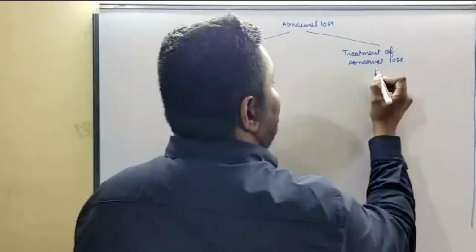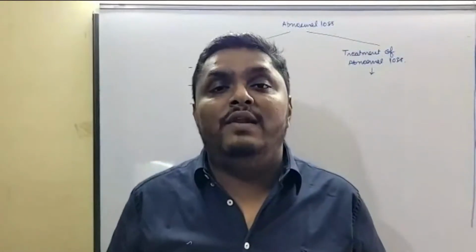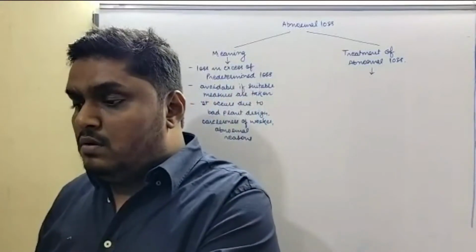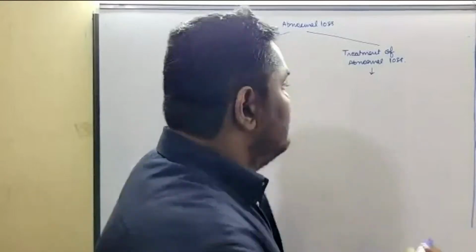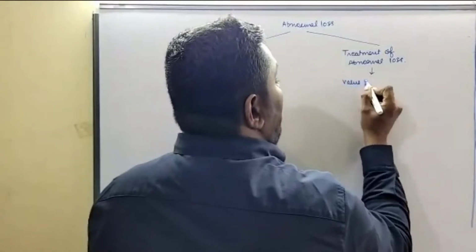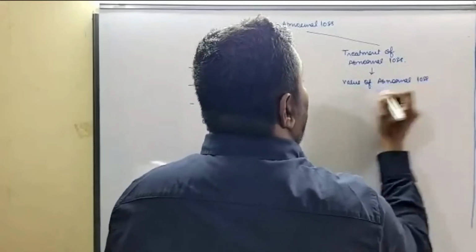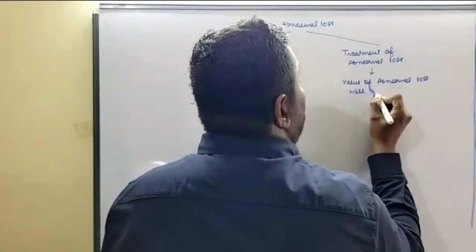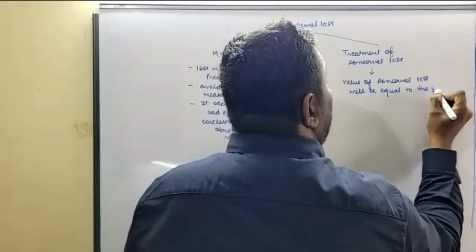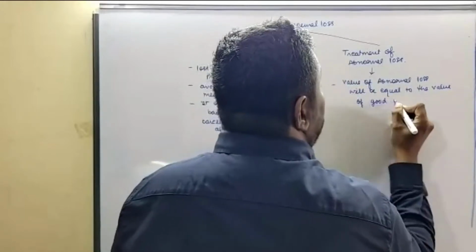So when talking about the treatment of abnormal loss, the value of abnormal loss will be equal to the value of good units.